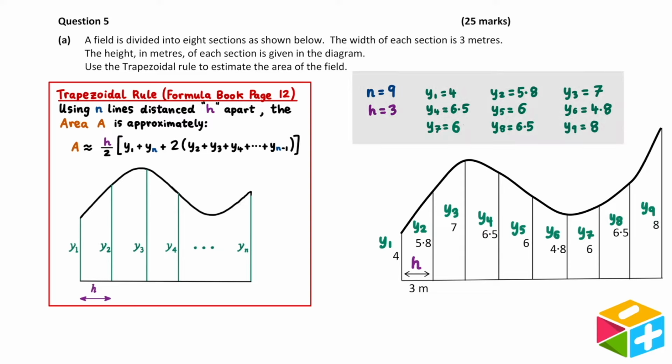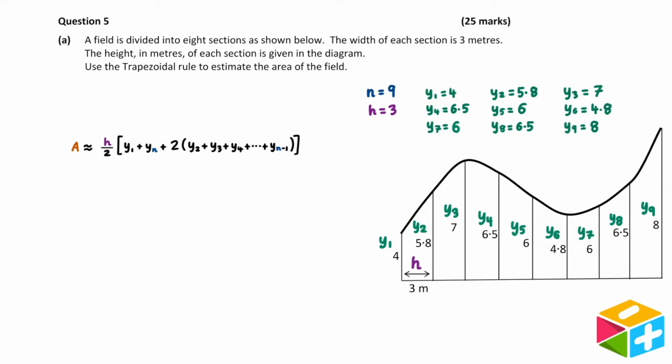We've now found all the values we need to use our formula. We found that n was equal to 9. So in our formula, we can replace the yn with a y9, and since 9 minus 1 is 8, we can replace the yn minus 1 with y8.